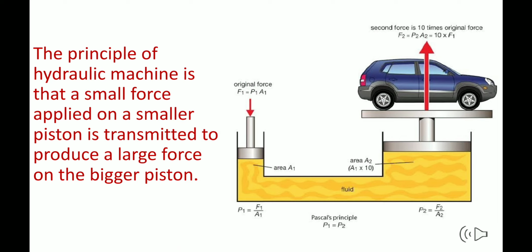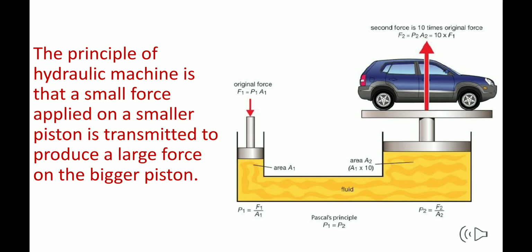Now here you can see that we have two openings and there is a fluid which is colored yellow. Now we can see that there is area A1 which is the smaller area and there is area A2 which is a bigger area, and it has been mentioned that A2 is 10 times of A1.